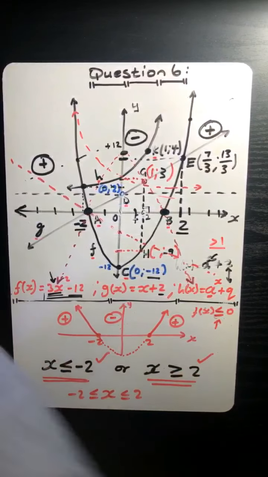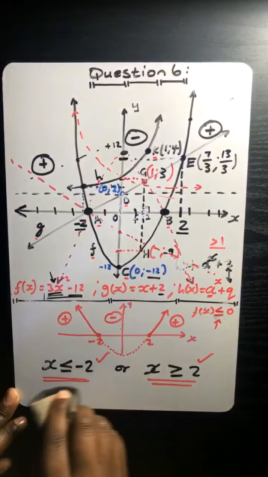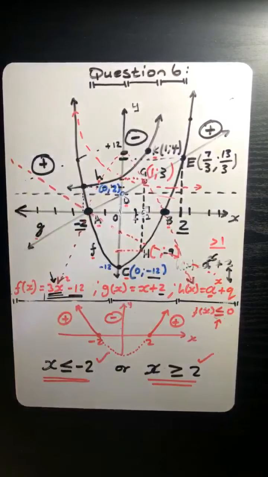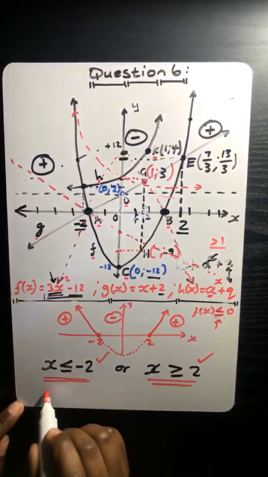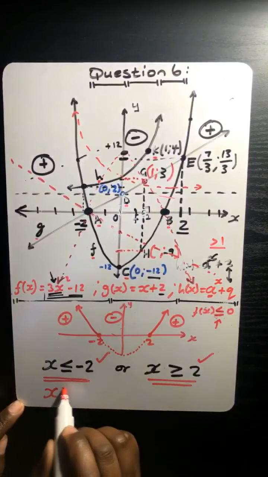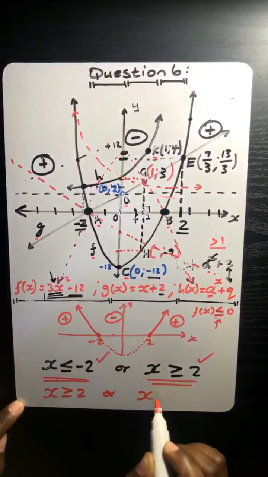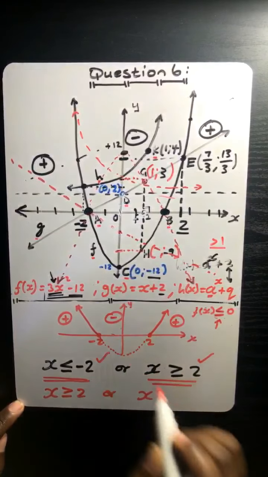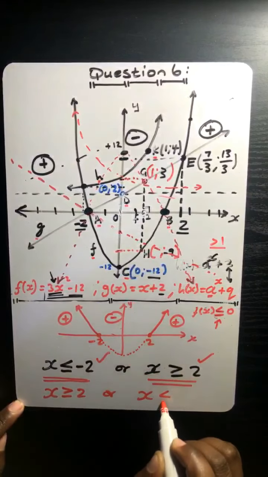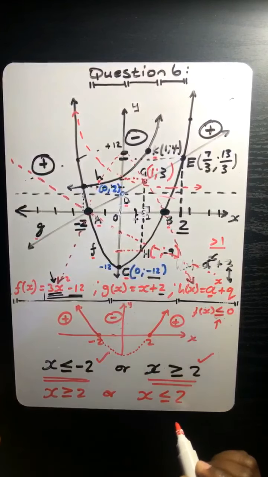Otherwise, if you don't want to represent it like that and want to represent it as separate answers, I think we're going to say where x in that direction is greater or equals to 2, or where x in that direction is less or equals to 2.